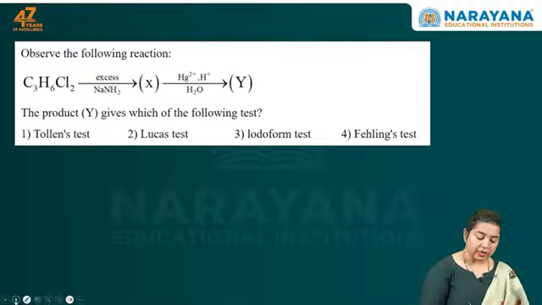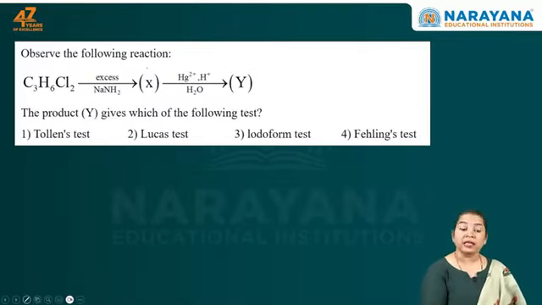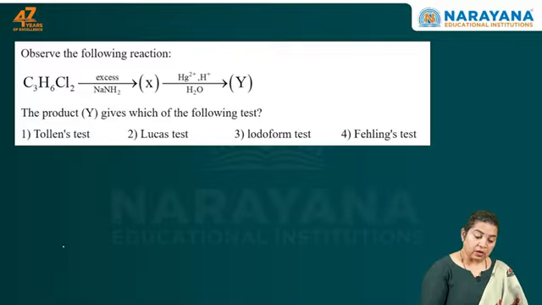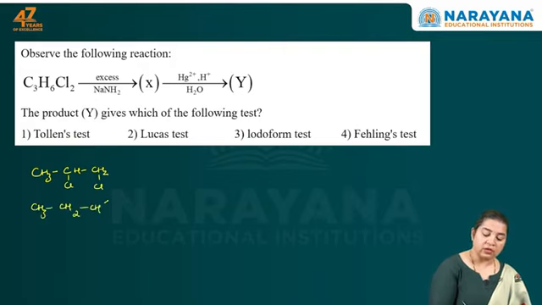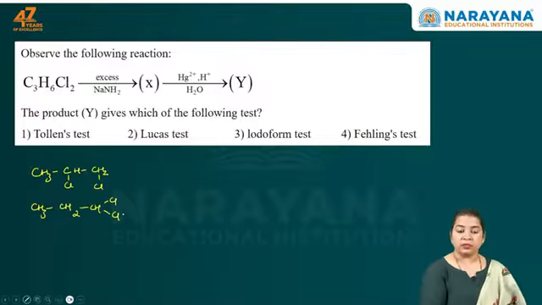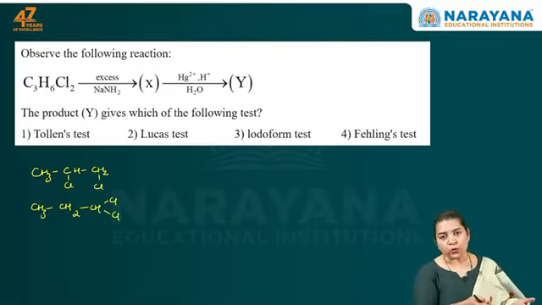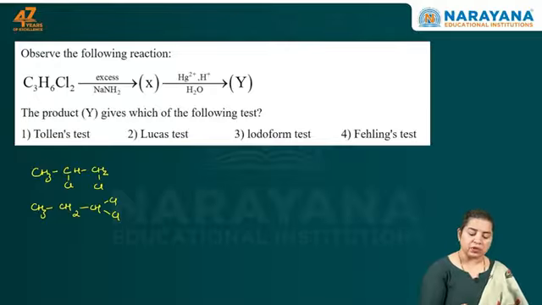So, this is our next question. Observe the following reaction. C3H6Cl2. Now, we do not know whether it is a gem or a vic dihalide. I will take both cases, like if it is this or if it is like this, right. You can have a gem 2,2-dichloro also, that is a possibility.